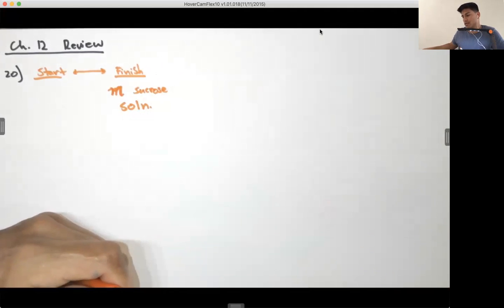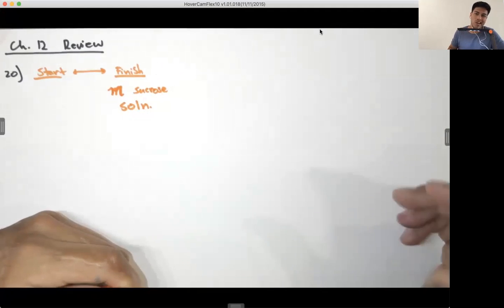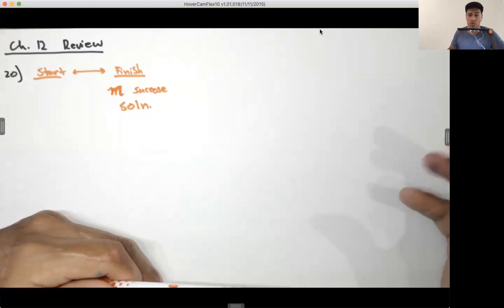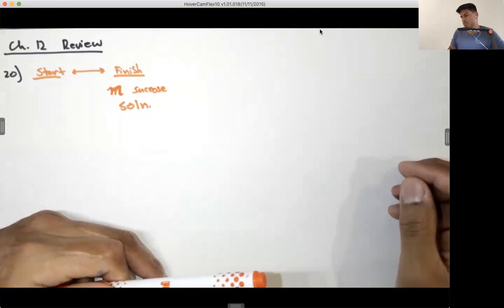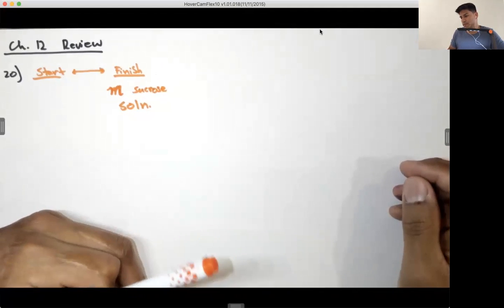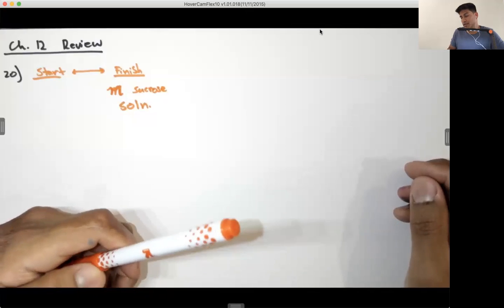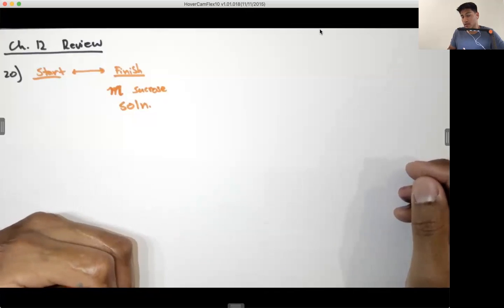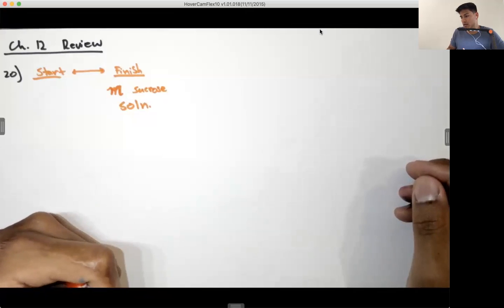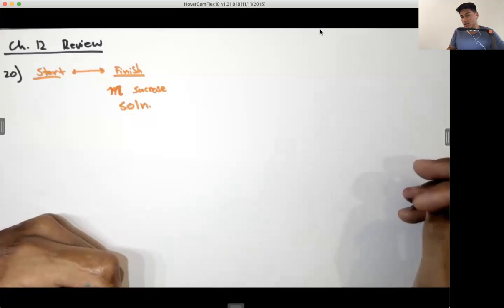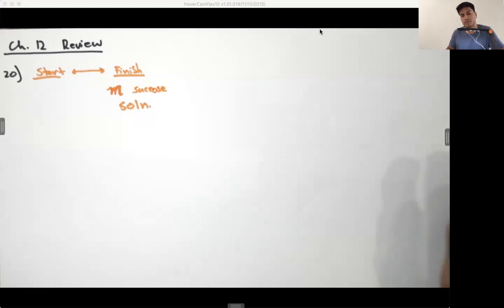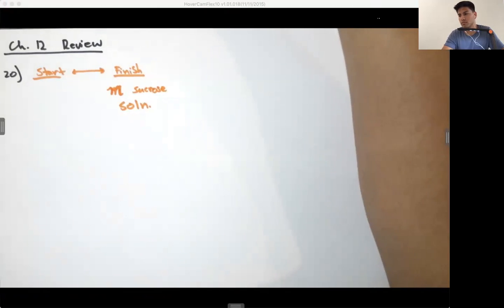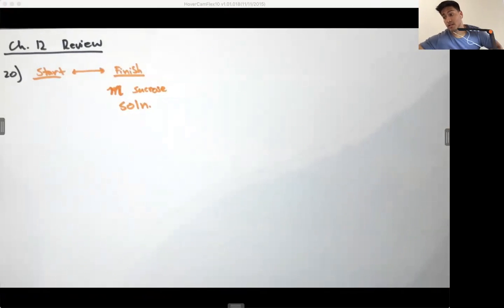What are we starting with? Do they give us an actual thing to start with though? Do they give us grams or maybe moles or something like that? What do they give us? In this case, wait, I'm grabbing my book. Okay. What do they give us to start with? What do you guys think? Density. So they do give us density, right?